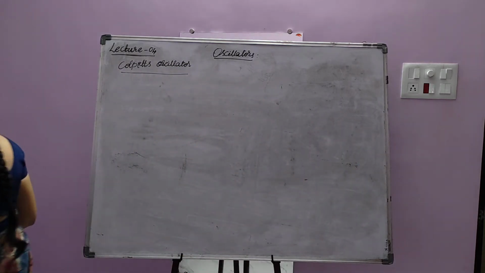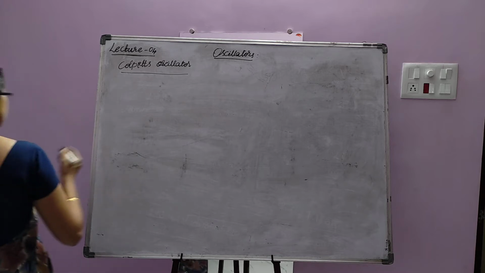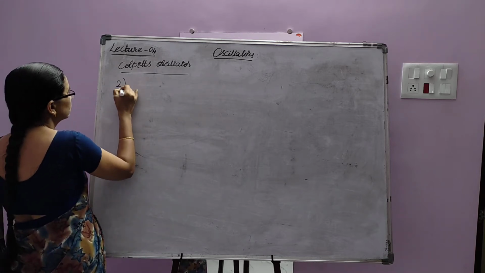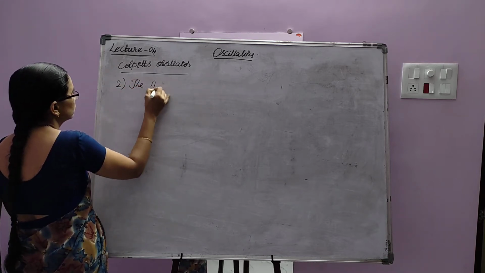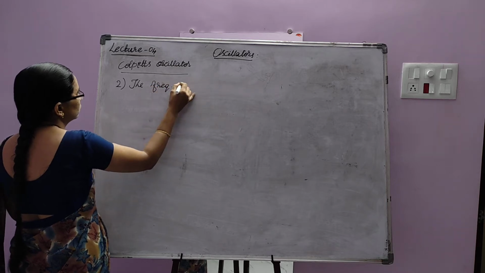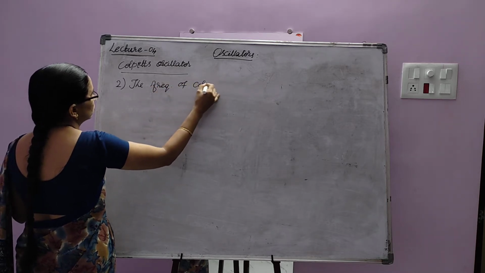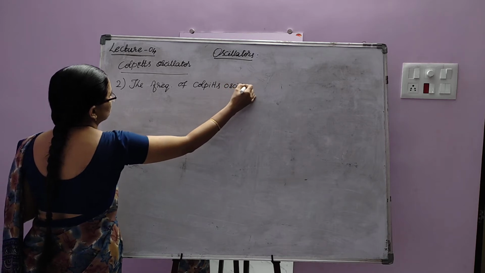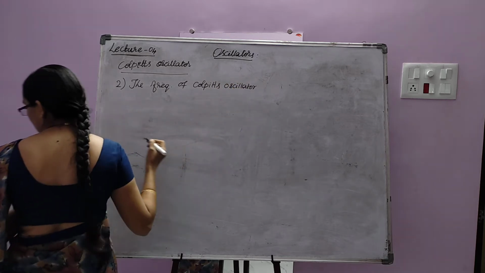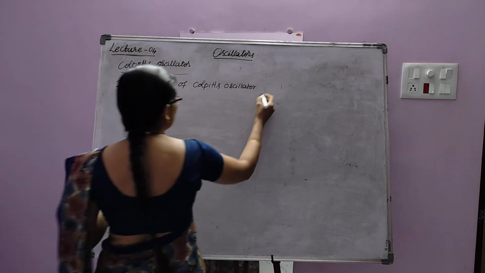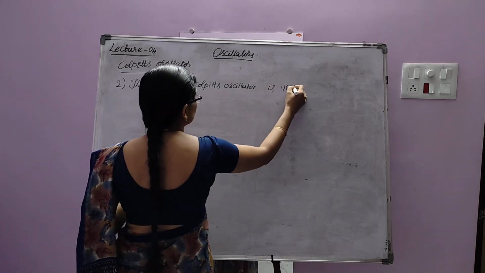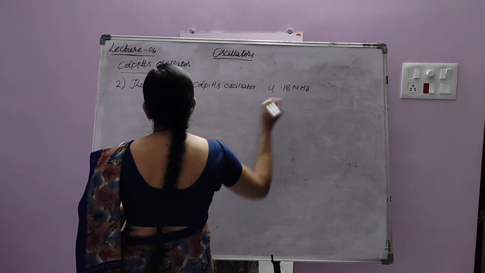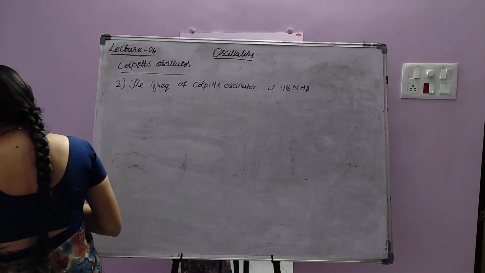Next problem: the frequency of a Colpitts oscillator is 18 megahertz.